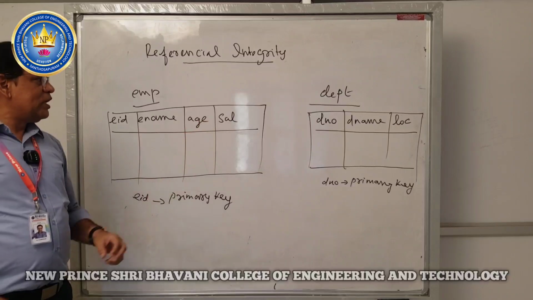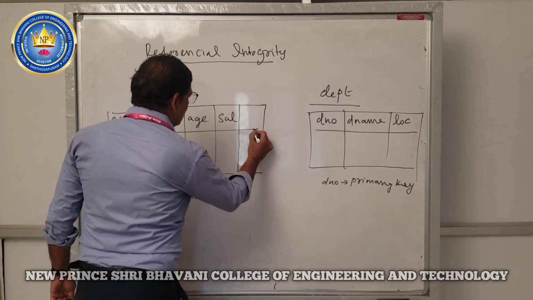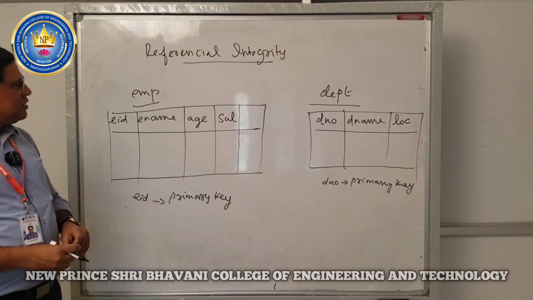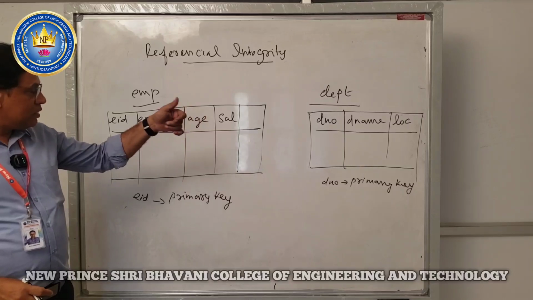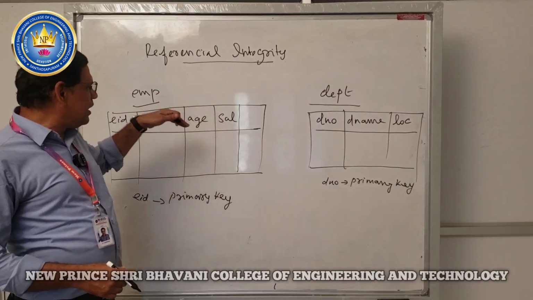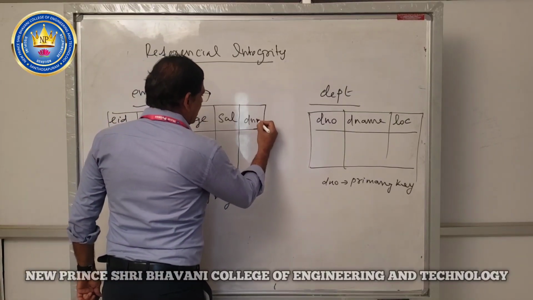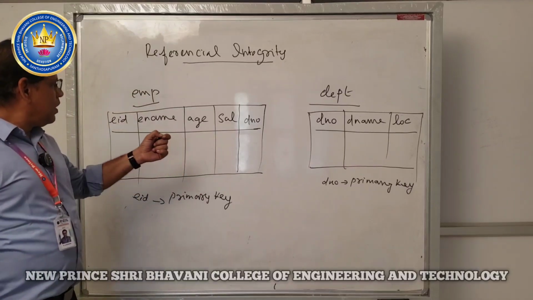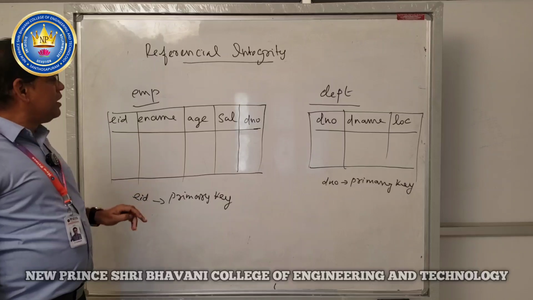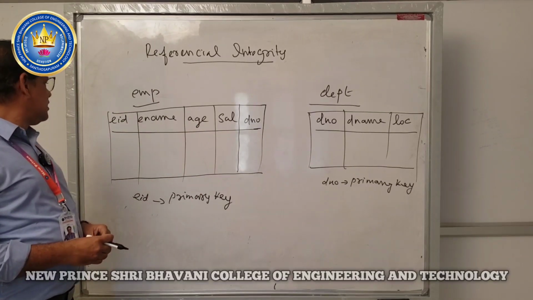For example, to establish the relationship between the employee table and the department table, a field in the department table that is the primary key should be the foreign key of the employee table. Consider that I am taking department number as the foreign key of the employee table. On that basis we can establish the relationship.